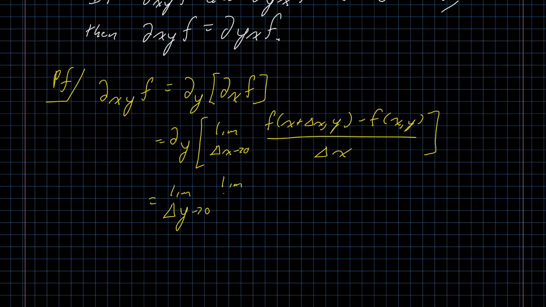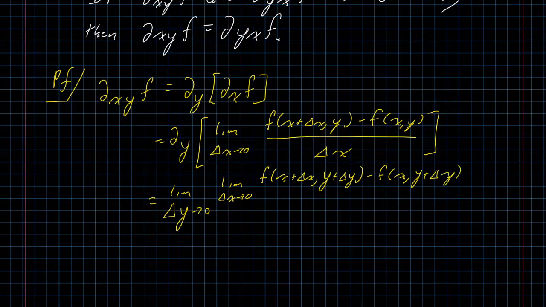Limit as delta x goes to 0 of f of x plus delta x, and evaluate at y plus delta y, minus f of x, and again evaluate at y plus delta y, all over delta x. Great.